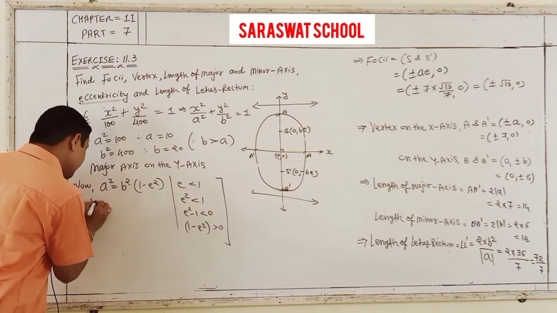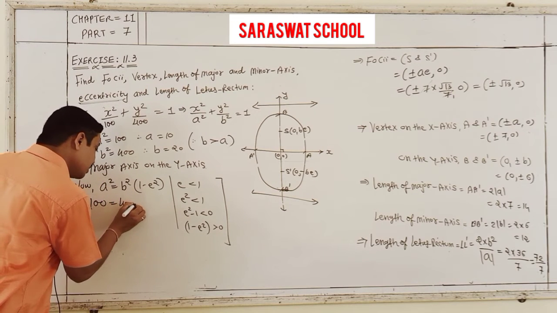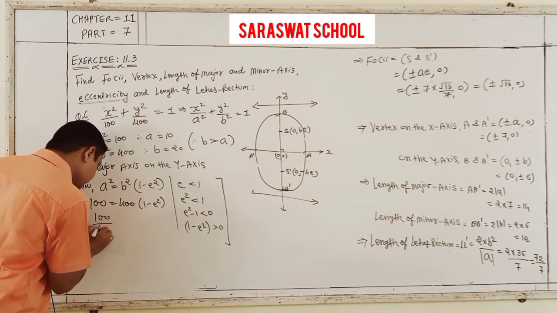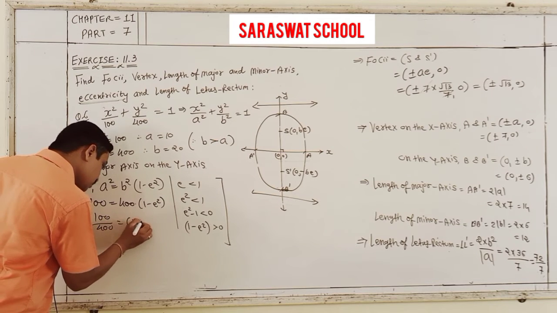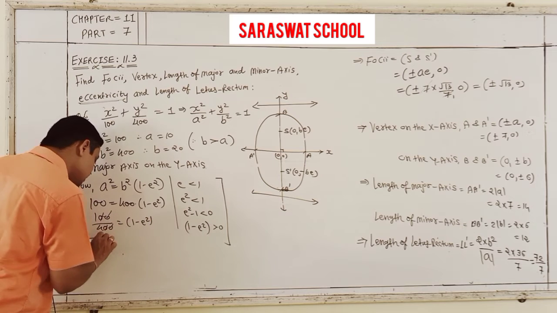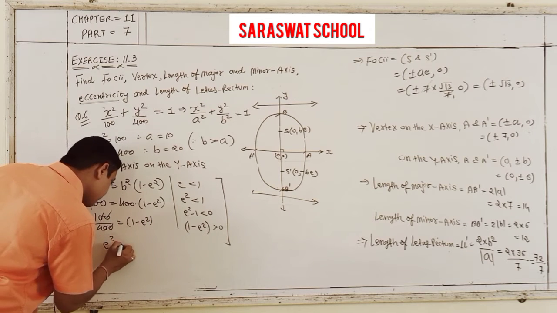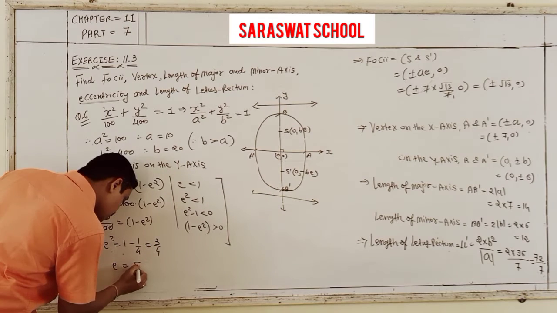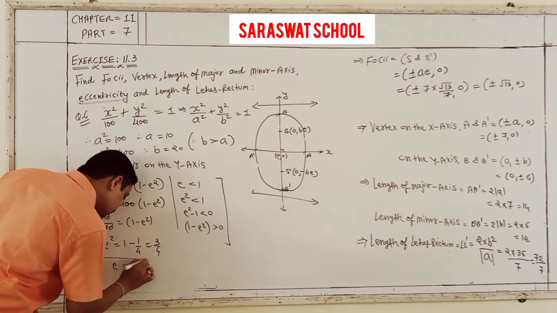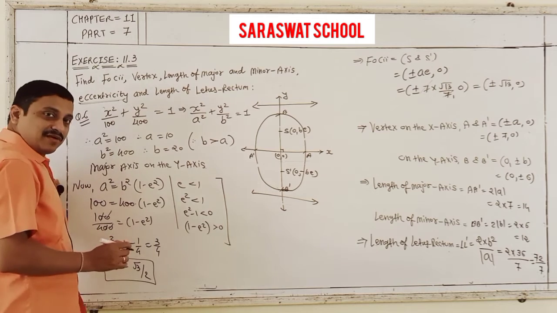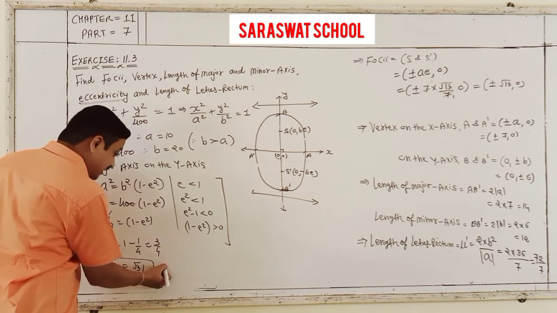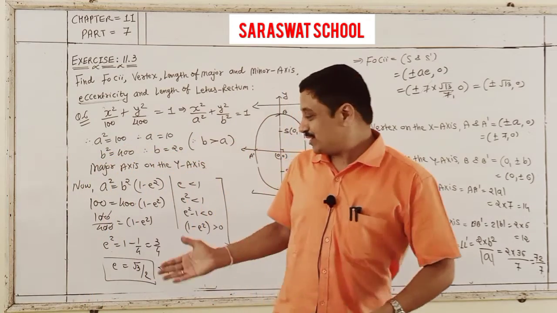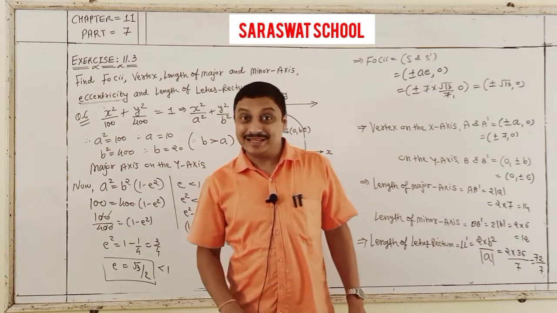A square is 100, b square 400, so it should be 100 by 400 times 1 minus e square, that cancels. Only you have to find e square: 1 minus 1 by 4, 3 by 4, e becomes root 3 by 2. Yes, e square is 3 by 4, so e is root 3 by 2, and that is less than 1. You can just check easily, because 1.73 by 2 is less than 1.